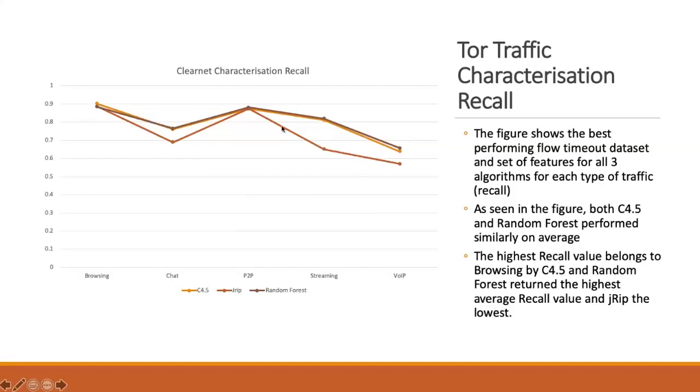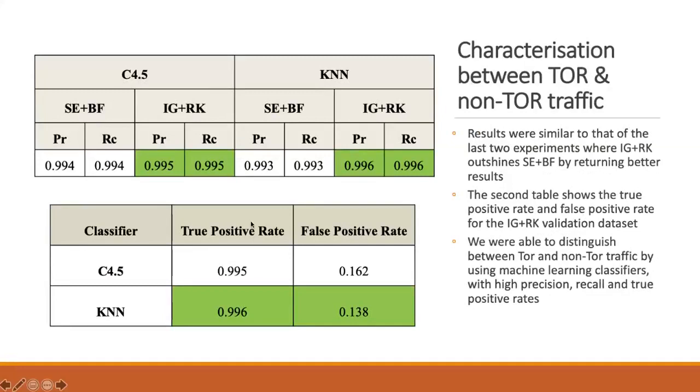for overall in average. Next is the third experiment, in which we will conduct characterization between TOR and non-TOR traffic. Similar to the last two experiments, InfoGain ranking outshines subset evaluation best first dataset.